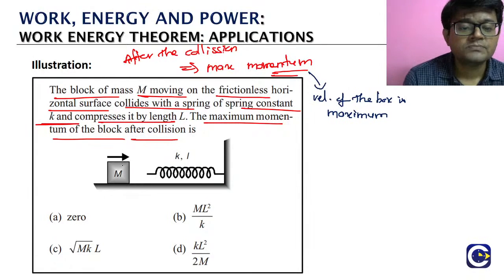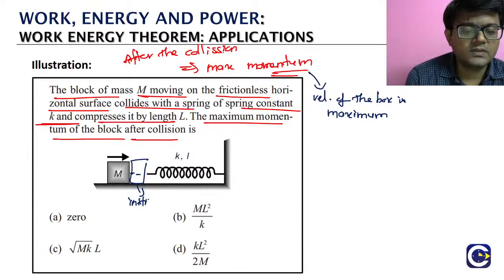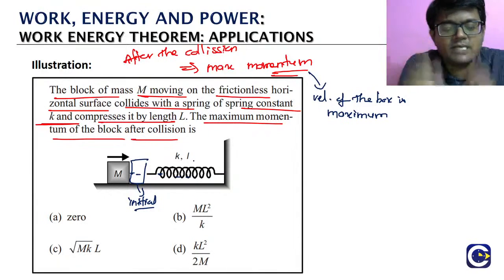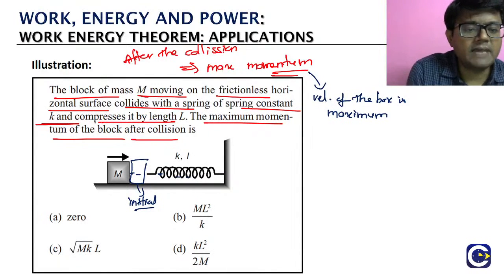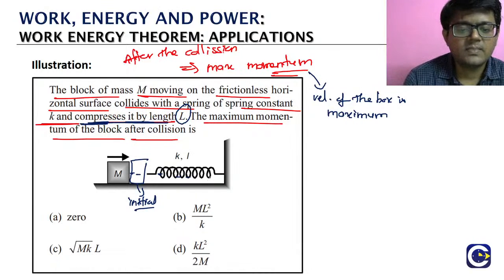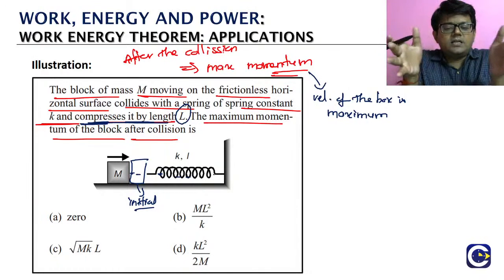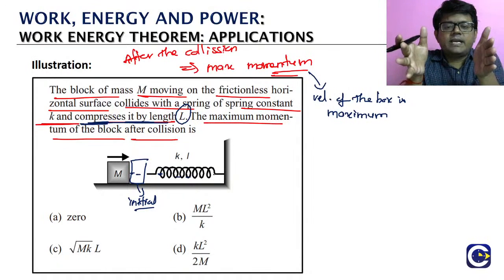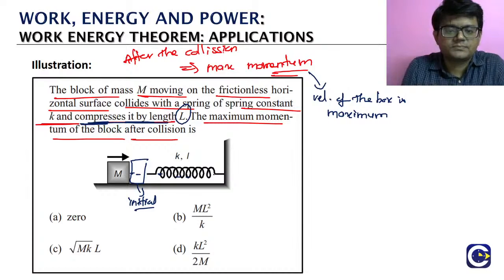Look here, when it is just coming and touching it, we can call that the initial point. Then it will keep compressing it. As we saw before, it will come to the maximum compression. The value of that maximum compression is what they call L. Initially it is just coming and colliding, then it will start compressing.